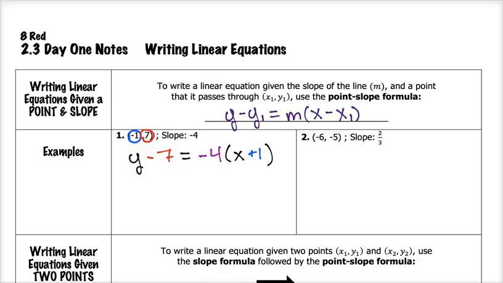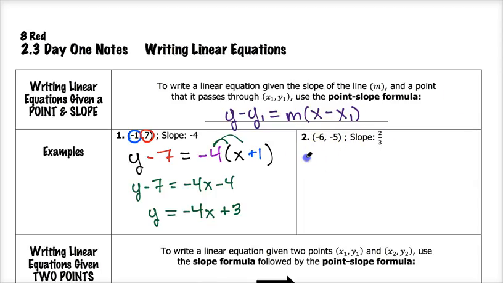If I want to change this to slope-intercept form, which unless the directions specify otherwise I want you to do, then we just need to distribute. Make this -4x minus 4, and then add 7 to both sides, and we get the equation y equals -4x plus 3. Okay, for number 2, we have a line passing through the point -6, -5. Its slope is 2/3.